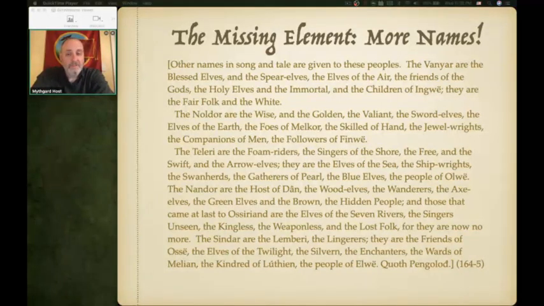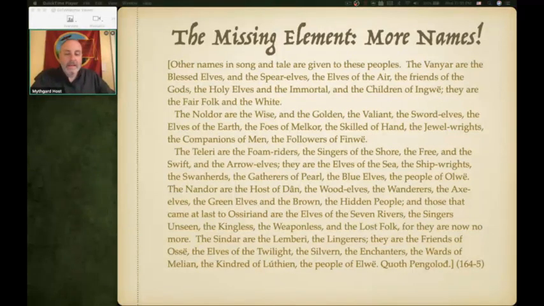The Teleri are the foam riders, the singers of the shore, the free and the swift, and the arrow elves. They are the elves of the sea, the shipwrights, the swan herds, the gatherers of pearl, the blue elves, the people of Olwë. The Nandor are the host of Dan, the wood elves, the wanderers, the axe elves, the green elves and the brown, the hidden people.